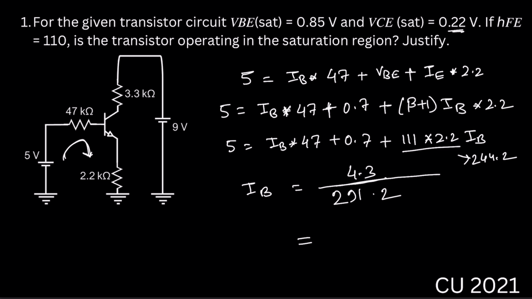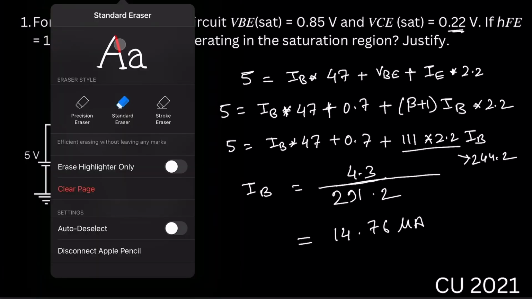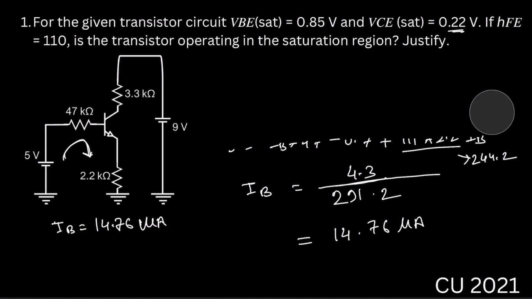So IB equals 4.3 divided by 291.2, which equals 14.76 microampere. So the value of IB we get is 14.76 microampere. Now let's calculate IC.